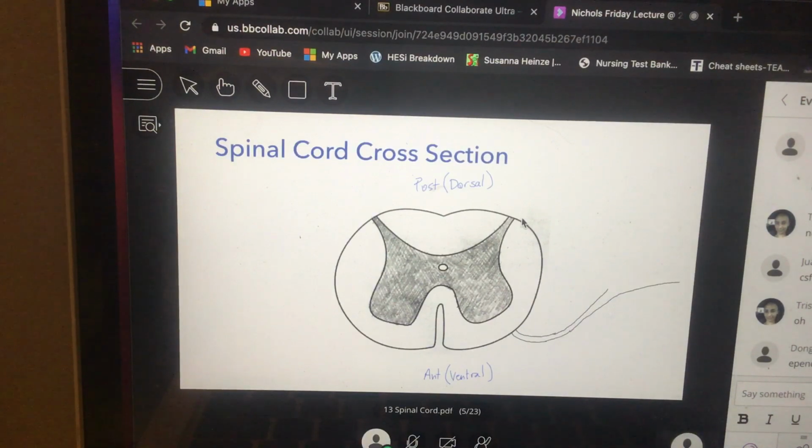And it is going to meet with a dorsal root that curls around this way. But that dorsal root has a little extra something on it. And they merge together.